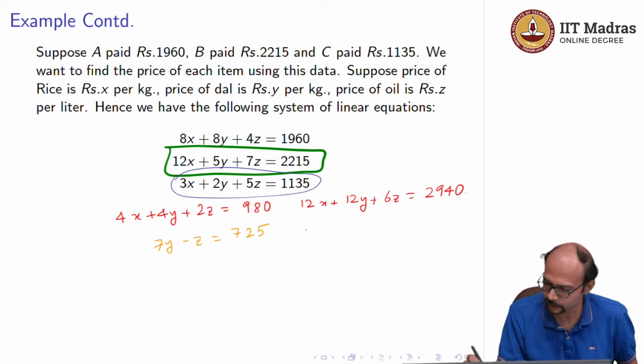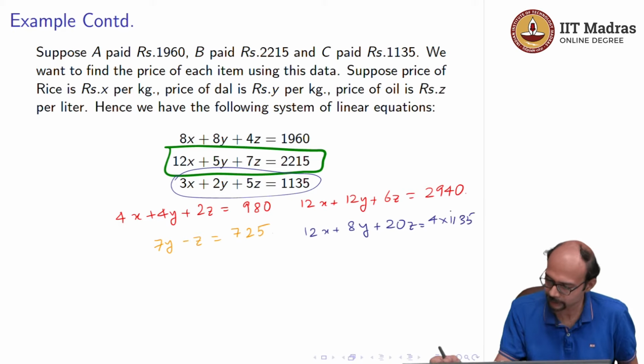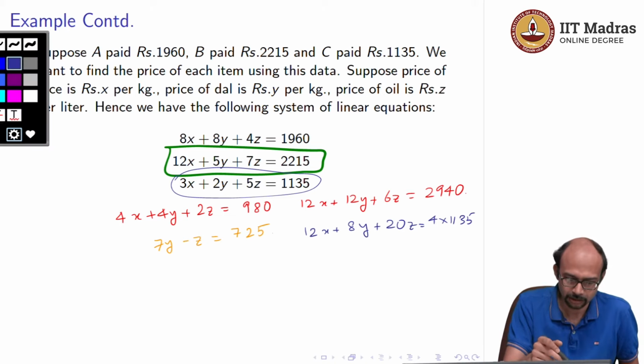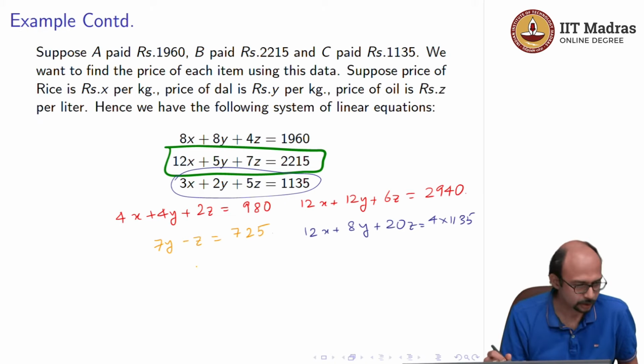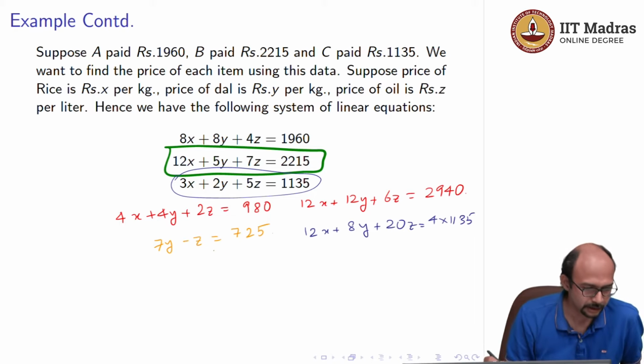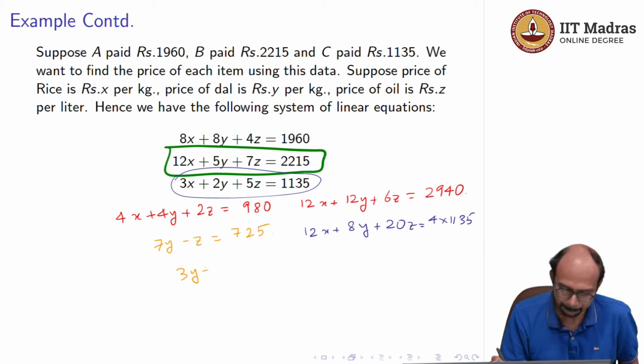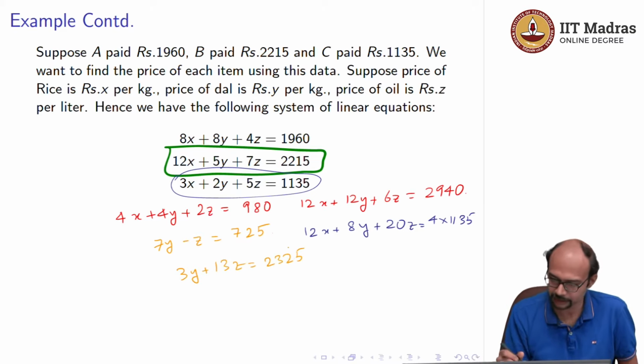Multiplying the third equation by 4, we get 12x plus 8y plus 20z is 4 times 1135, and then we'll subtract out the second equation. So we get another equation in terms of y and z, which is 3y plus 13z is 2325. I'll encourage you to do this.